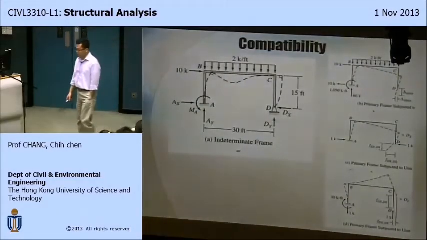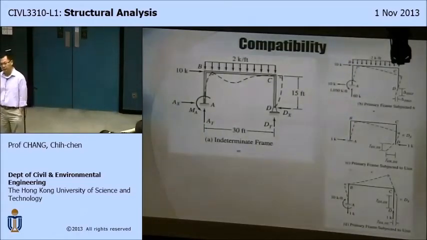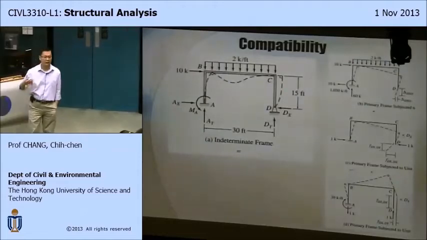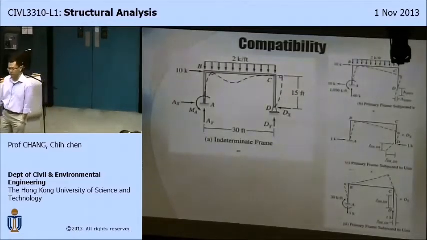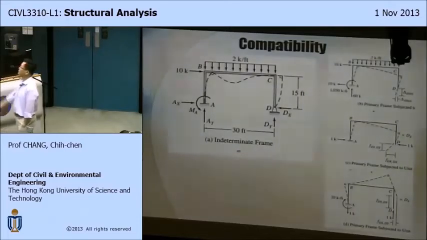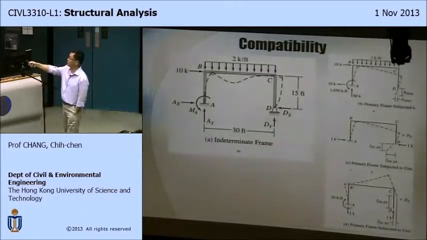Okay, now how about a two-dimensional, 2 degrees of indeterminacy? Then you know that you need to choose 2 redundant forces. So clamp, hinge, 2 redundant forces. Let's say I choose dx and dy.